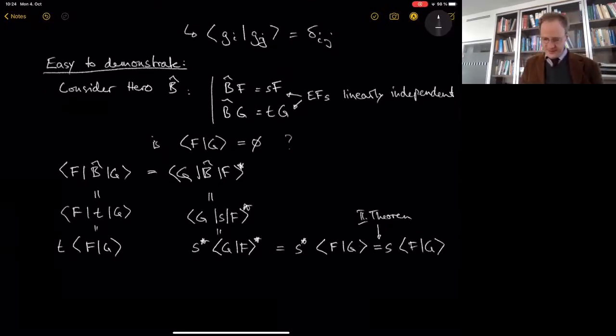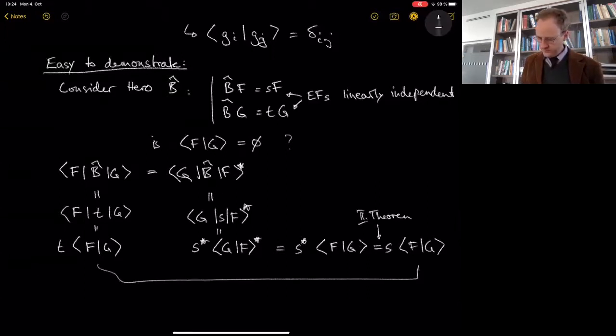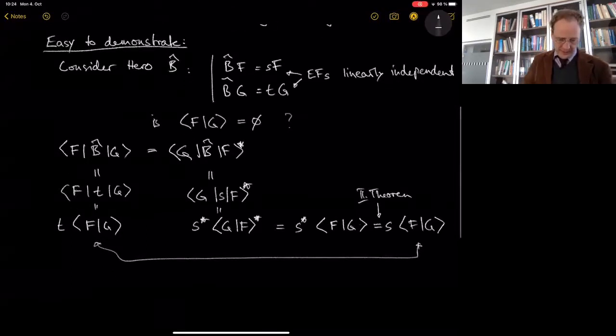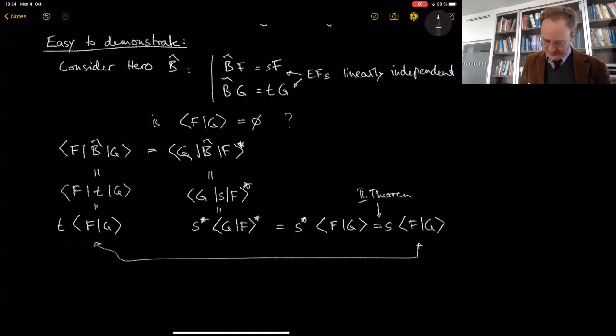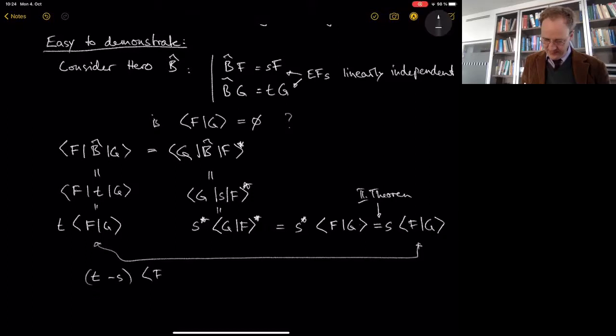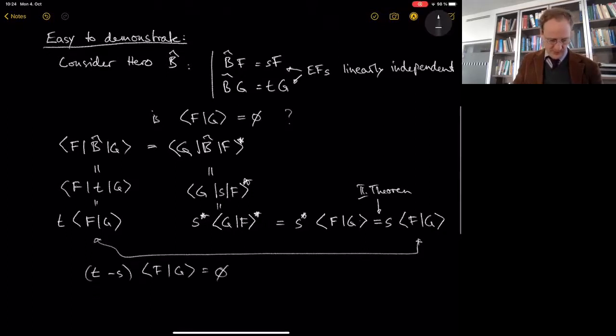And so for this reason, you can now compare these two, and if you do that, you can say that t minus s, you factor out the inner product, must be equal to 0.